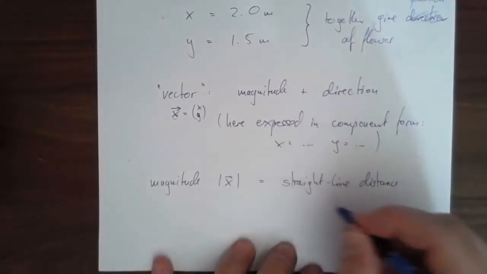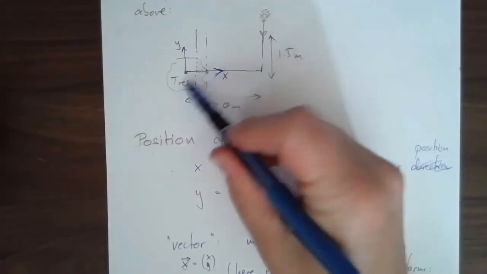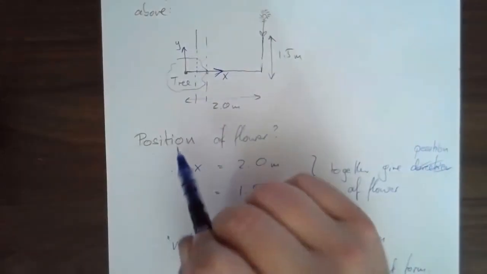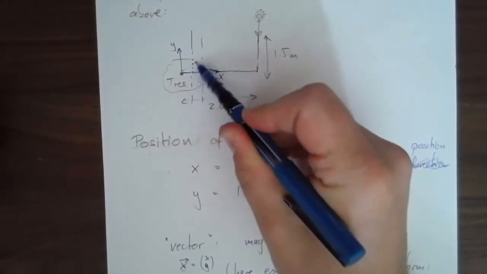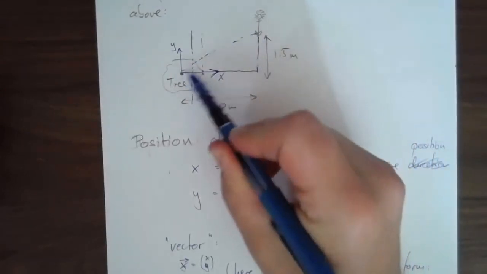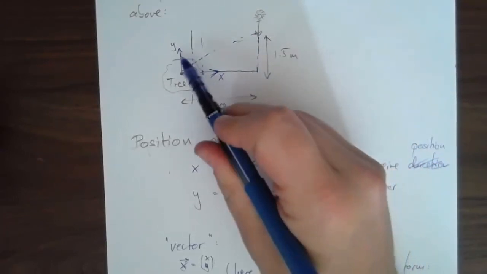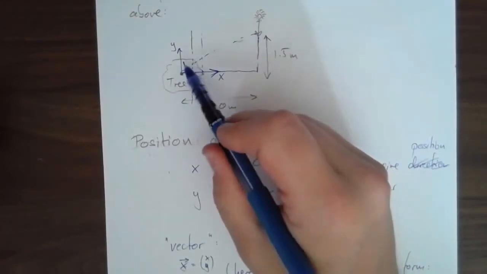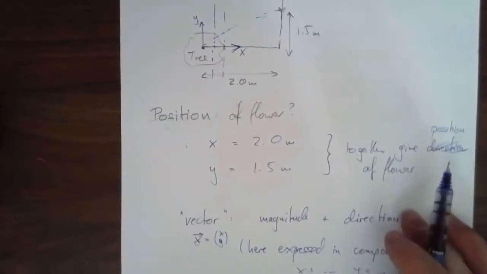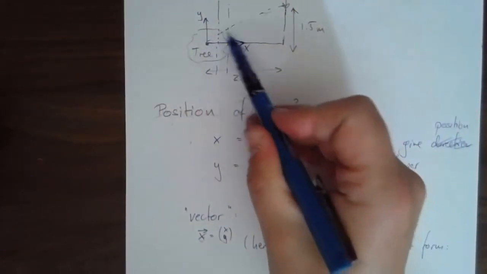So what is the straight line distance? It's not 2 plus 1.5, right? If you want to find what this distance here is, I need the Pythagorean theorem. This is a right angle triangle, because the two axes, for our purposes, have to be at right angles. Otherwise, things get very complicated.